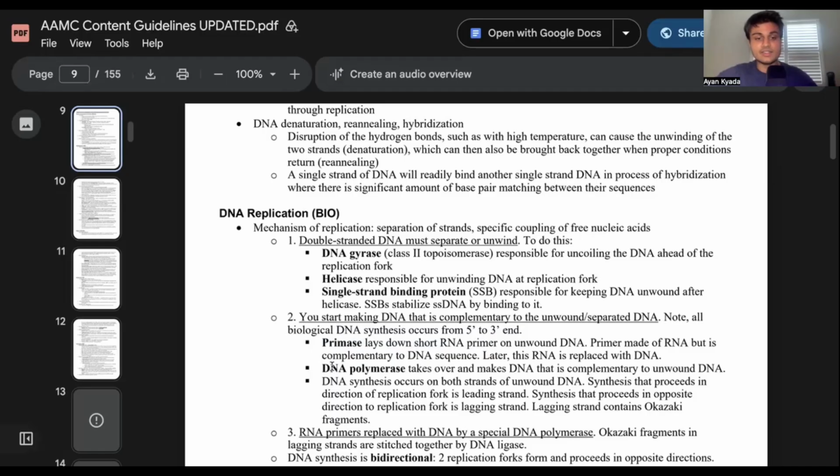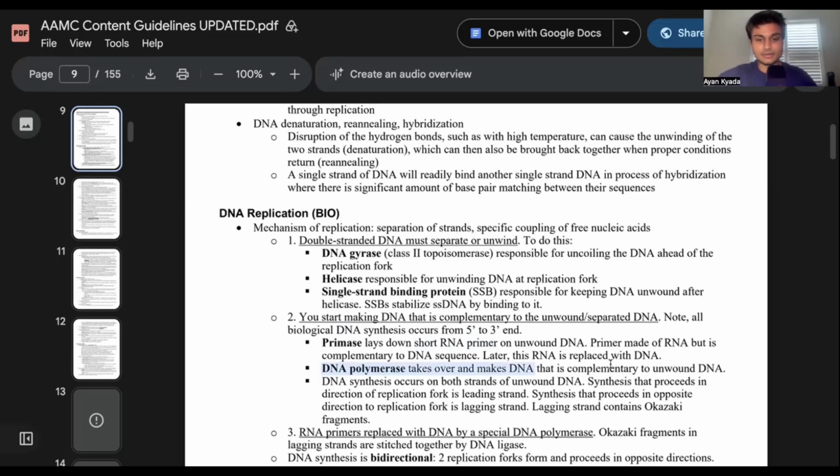That's because DNA synthesis does not occur de novo. Essentially, you need a free 3' hydroxyl group, and primase is what creates that free 3' hydroxyl group by laying down a short RNA primer sequence. And once you have this short sequence, then DNA polymerase can take over and make the DNA that is complementary to the original parent strand of DNA.